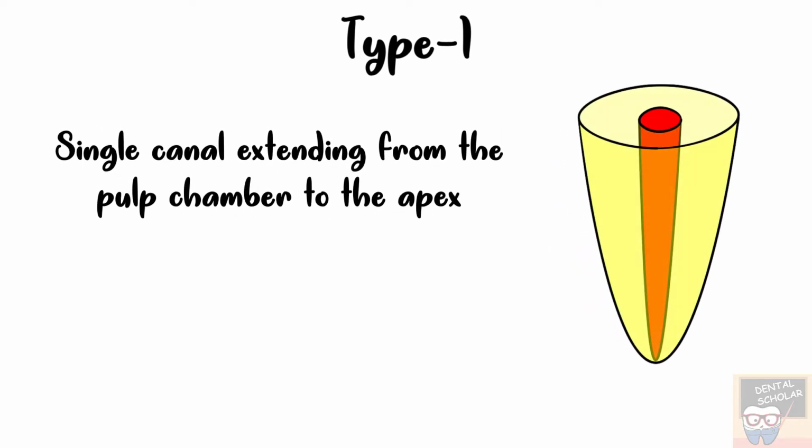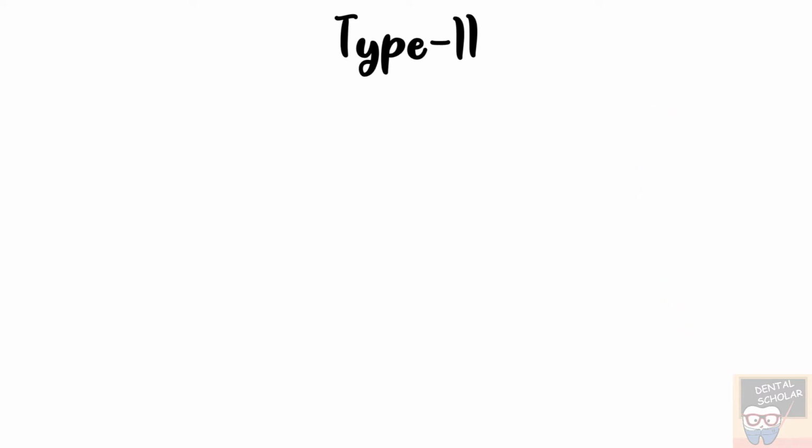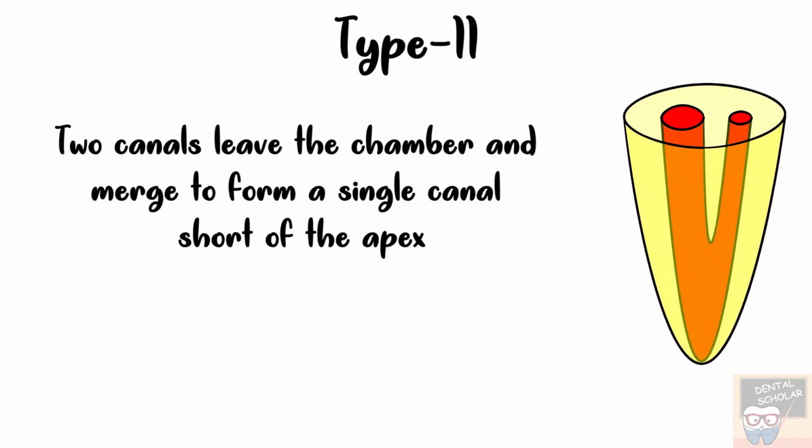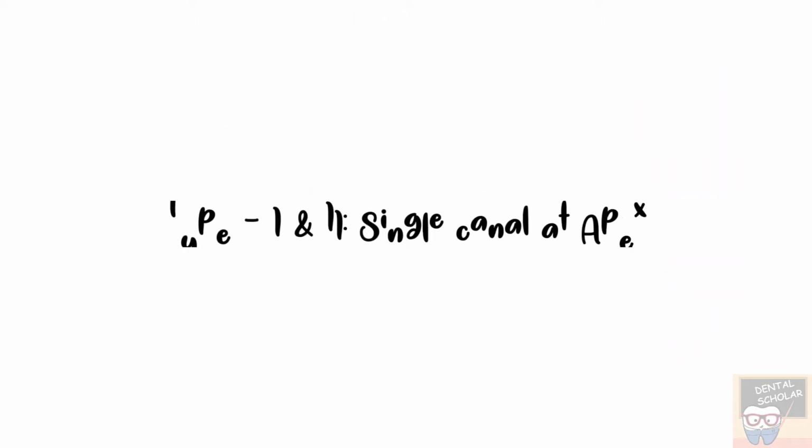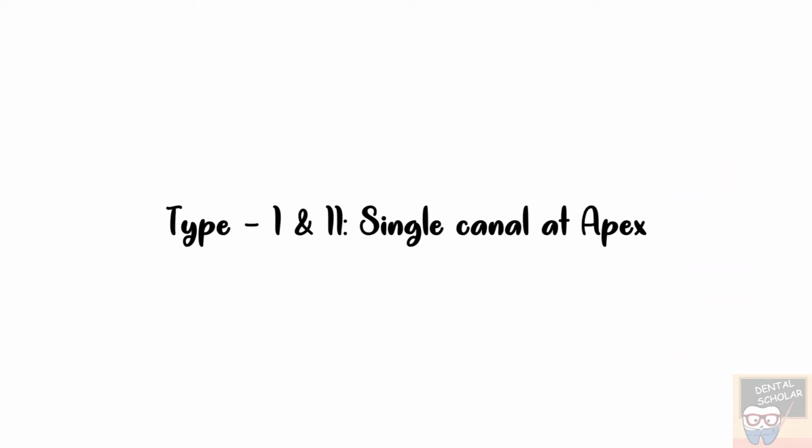The type 1 has a single canal extending from the pulp chamber to the apex. In type 2, two canals leave the pulp chamber and they merge to form a single canal short of the apex. So, in both type 1 and 2, there is a single canal at the apex.